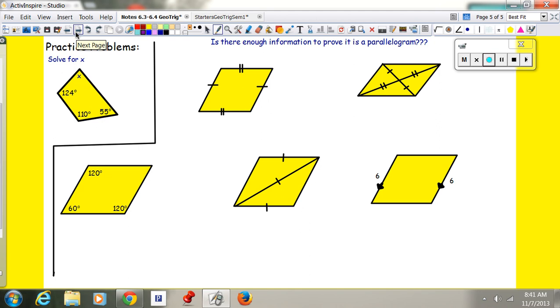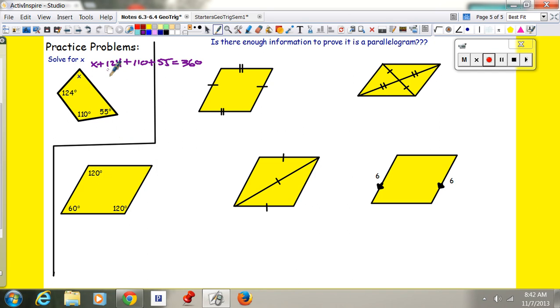The last page, a quick example first. A quick practice problem from before. How do I solve this one right here? Add them all up and make them equal 360. Okay, so let's do that real quick. So we've got x plus 124 plus 110 plus 55, and it has to add up to 360.